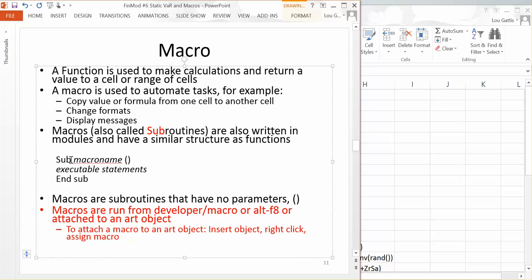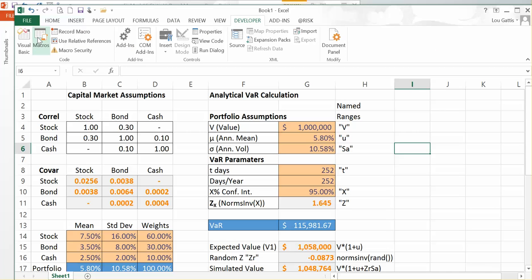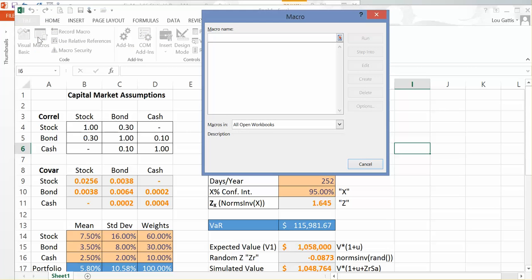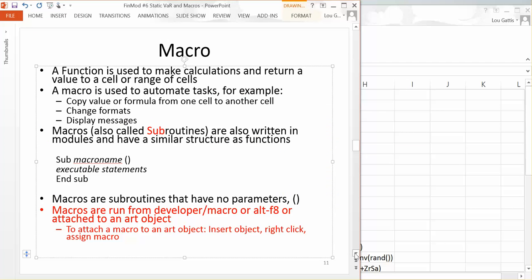So it kind of looks like a function, except you use the word Sub instead of Function. Macros are either written or run by going to the Developer tab, Macro, we have none now, or hitting Alt F8, or you can attach a macro to an art object, and we'll do that. So here's the macro I'm going to use.